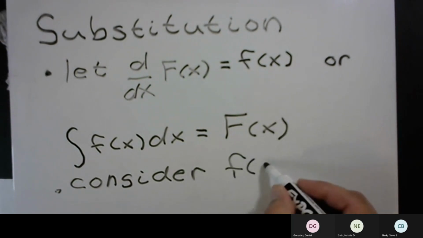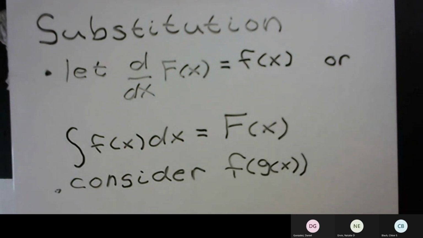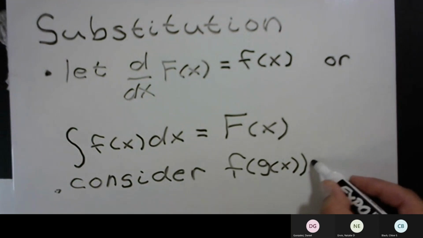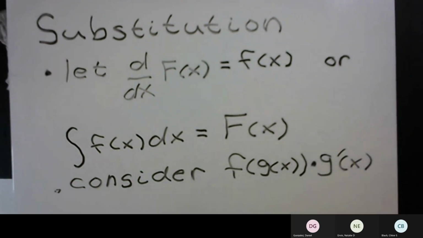Let's say we have something like this. We're going to take a composition of little f of x with little g of x and multiply this by g prime of x.